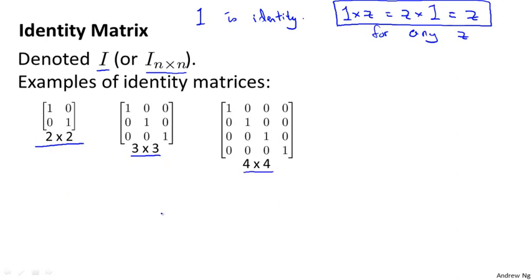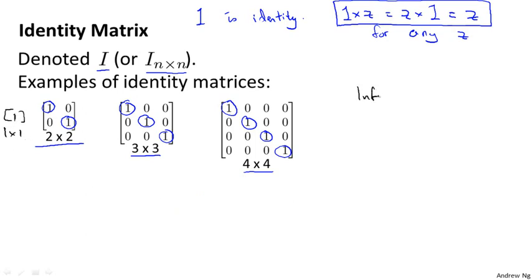The identity matrix has the property that it has 1s along the diagonal, and so on, and 0 everywhere else. By the way, the 1 by 1 identity matrix is just the number 1. This is a 1 by 1 matrix with just 1 in it, so it's not a very interesting identity matrix.